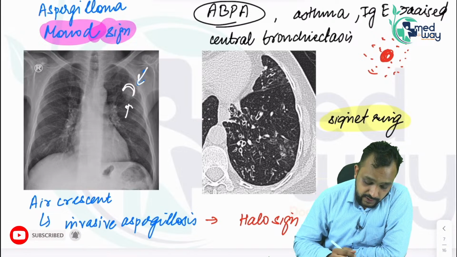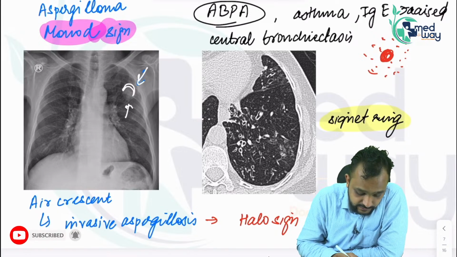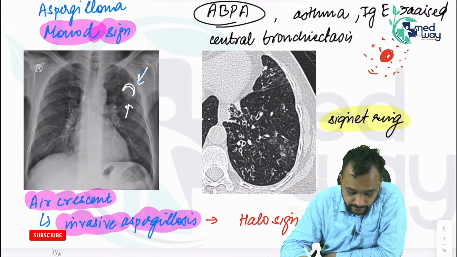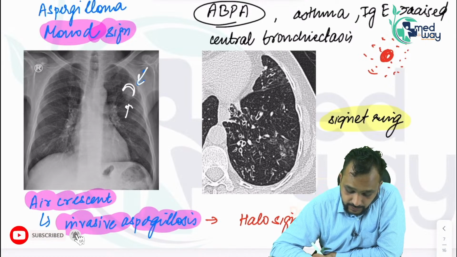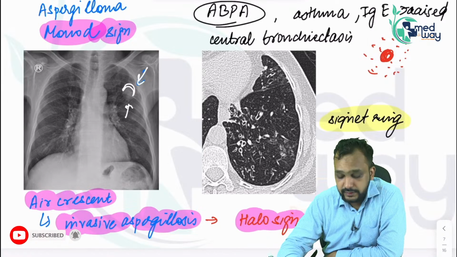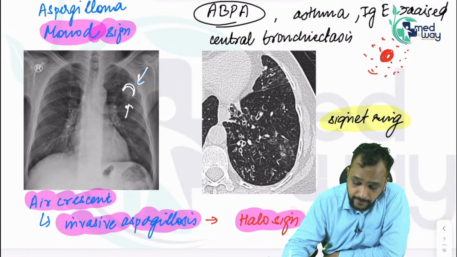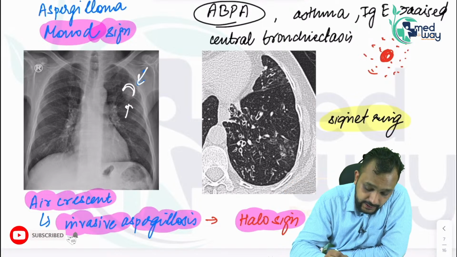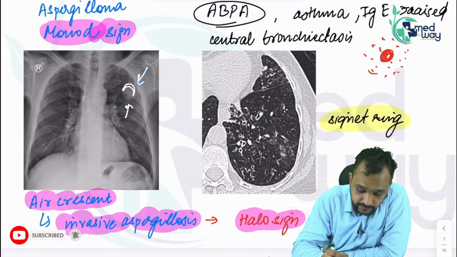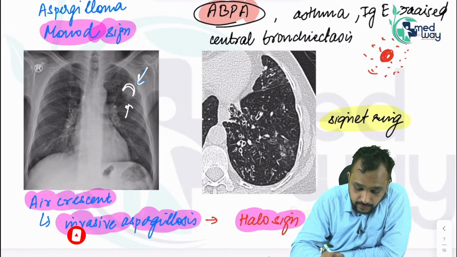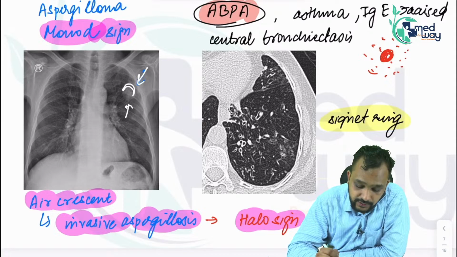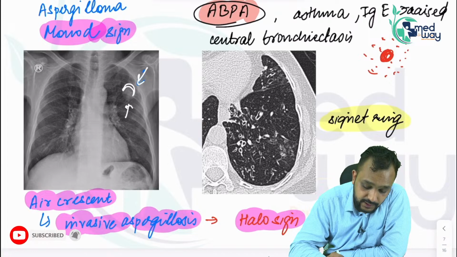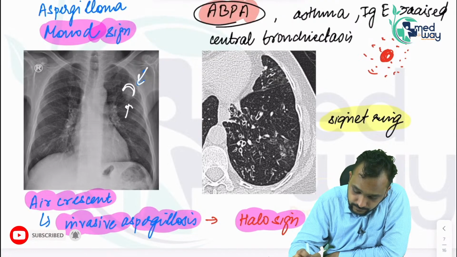So aspergilloma, Monod sign; air crescent sign will be seen in patients with invasive aspergillosis, right? In invasive aspergillosis, another important sign that you see is halo sign, okay. Bronchiectasis, you are going to get a signet ring sign, and in ABPA, guys, you are going to get a finger in glove appearance, okay. This central bronchiectasis is going to give a finger in glove appearance, right?